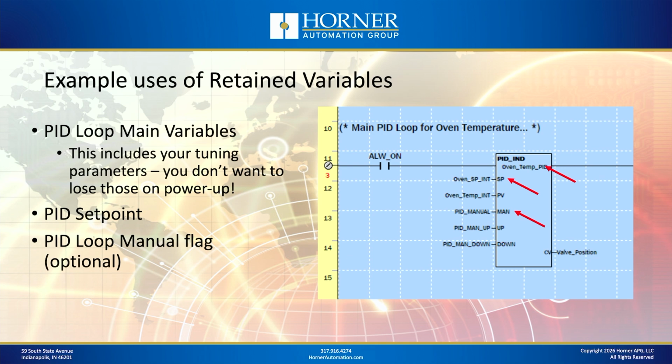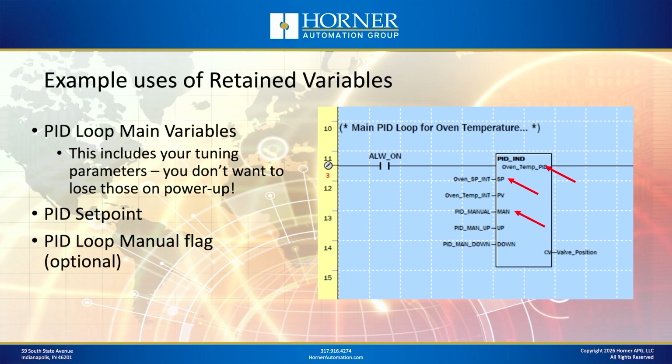Included in the 16 variables tied to the PID instance are things like the coefficients for tuning the loop. You don't want those all resetting to 0 every time you do a power up. So almost always you're going to allocate an instance of a PID instruction as a retained variable.